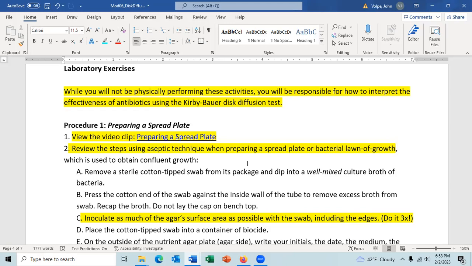So let's pretend this is my tube of bacteria. And you stick the swab in there and you touch the side. I don't really want to touch this because of my glass. I'll do it on the outside. You do it on the inside. And get the worst of the liquid off on the inside of the tube.